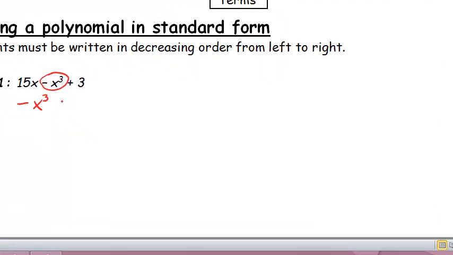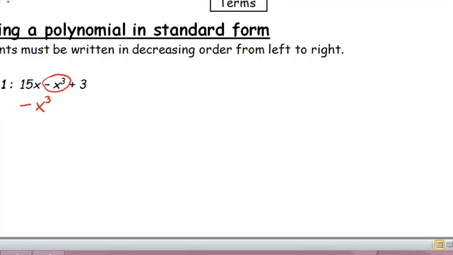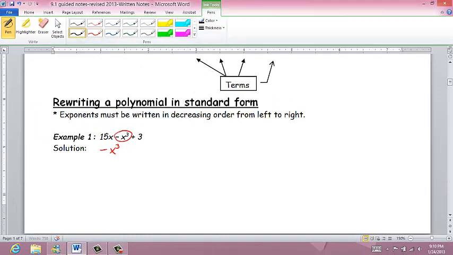What's the next term? Well, degree 1 would come before a constant. So we would take the positive 15x, and since it's positive, we would add it. And then finally, the constant would come last. Since it is positive, we would go ahead and add it. Now this polynomial is written in standard form.